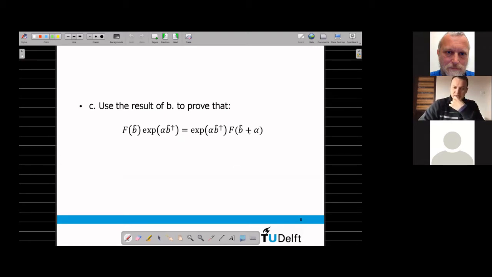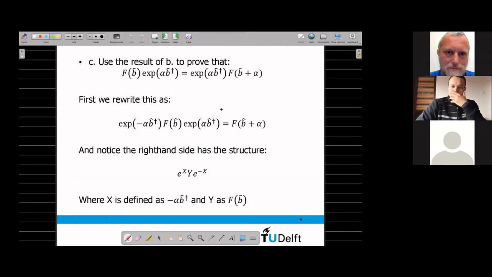So we need to use our result from the previous question B. And what we do is we take this expression and we multiply it on the left by the exponential of minus alpha B dagger. By doing so, the exponentials on the left combine into just the identity.